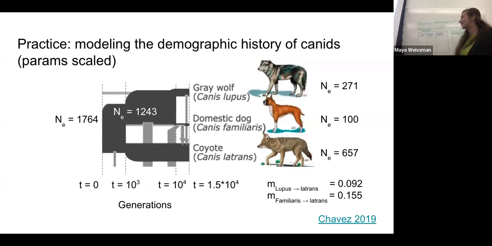I know it's annoying, but FST is a metric of pairwise heterozygosity.